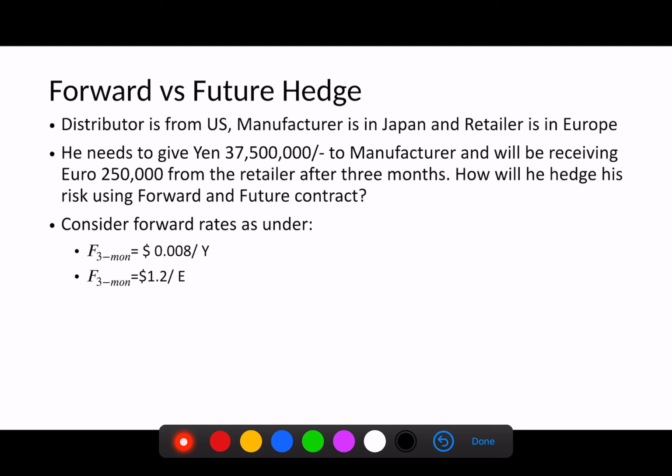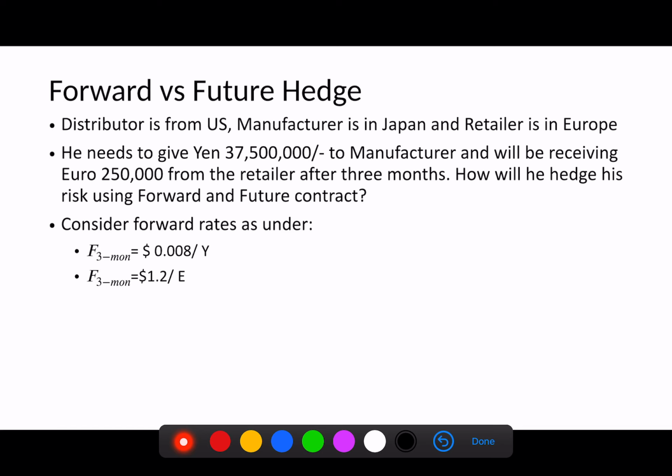Maybe the distributor distributes PlayStation 4 or the coming PlayStation 5 in Europe, but his company is in the US, and after 3 months he needs to pay 37,500,000 Japanese yen to the manufacturer in Japan, so his liability currency is Japanese yen. His asset currency is euro. After 3 months, he is expecting to receive 250,000 euros from the retailer.